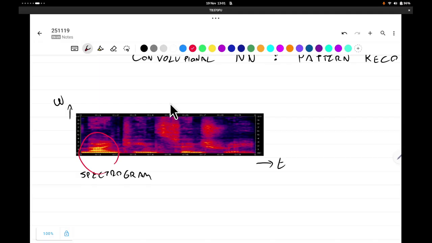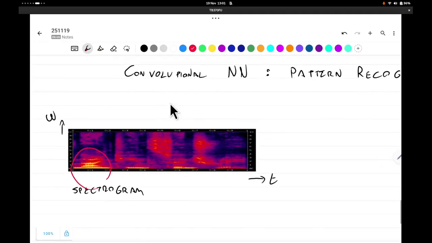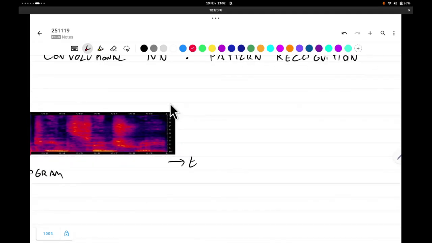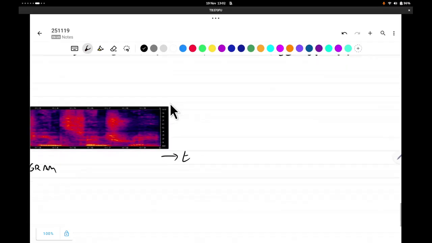So what we need is pattern recognition, because we know how the signal that we would like to find looks, but we don't know when it happens in this time series, and this is the one-dimensional case.